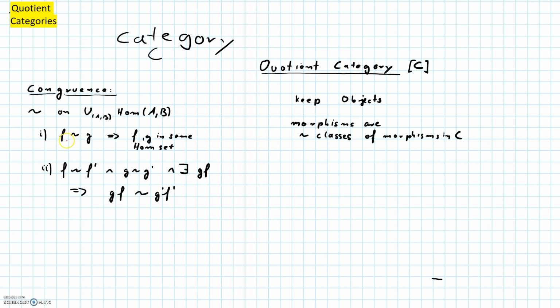The first one being that if f, which is an element of some hom set, is equivalent to another element, let's call it g, then f and g must lie in the same hom set.